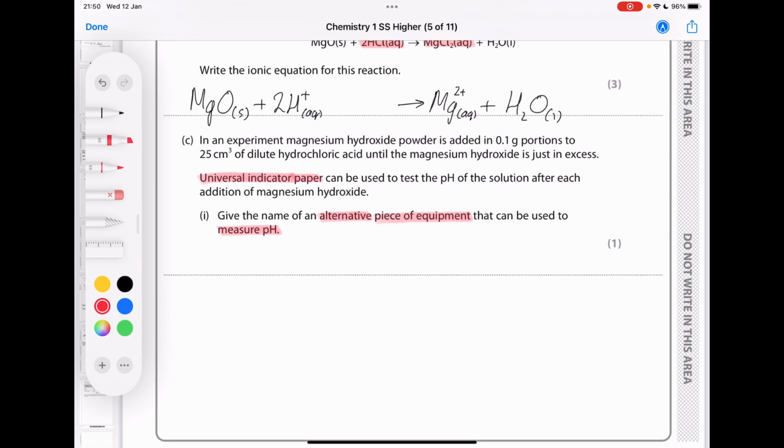So just repeating universal indicator paper did not get you the marks, as it was said to be an alternative piece of equipment. The easiest and best answer here is a pH meter or a pH probe.